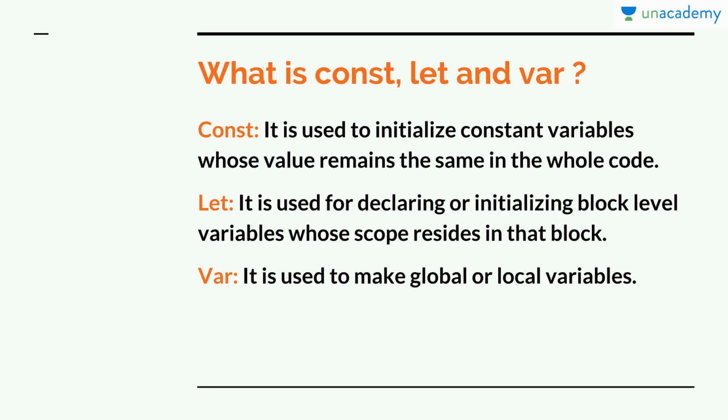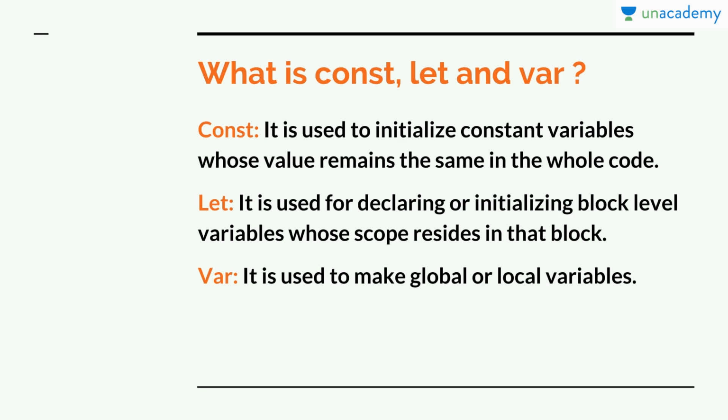Next comes the let keyword. Let is used for declaring or initializing block level variables whose scope resides in that block. Now this sounds quite confusing, but it's actually very simple. Let helps us to create variables whose scope is local to the function, or local to the block in which they are defined.